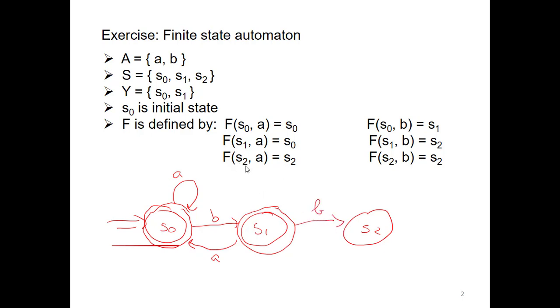Then the last row, if I'm in S2 and I get an A, I stay in S2. And if I'm in S2 and I get a B, I also stay in S2. So this would be the corresponding graph with the finite state automaton with the help of the 5 properties which define the FSA.